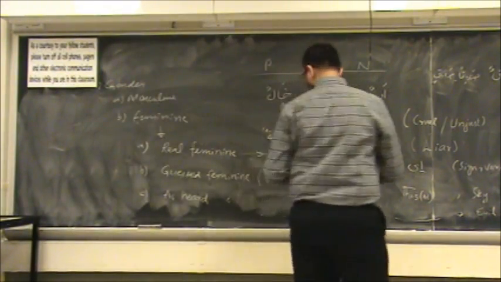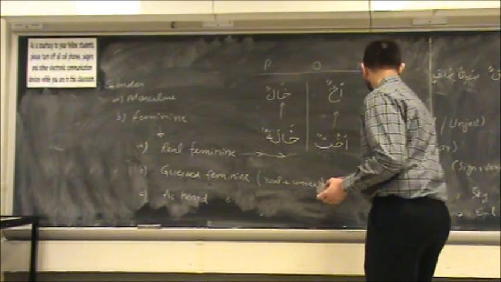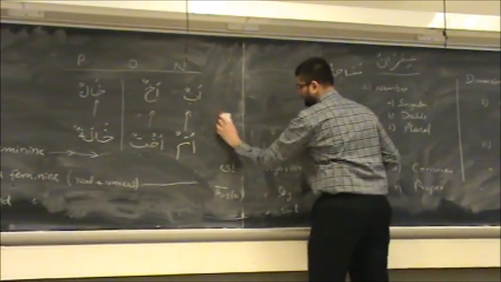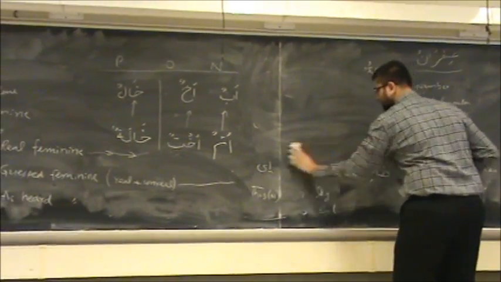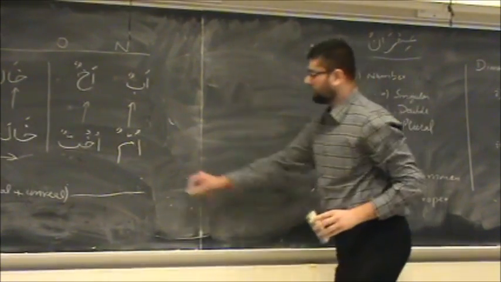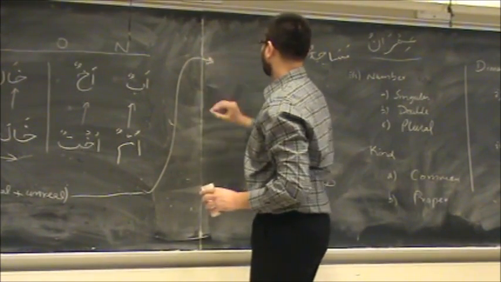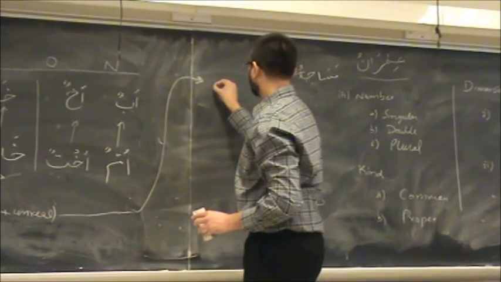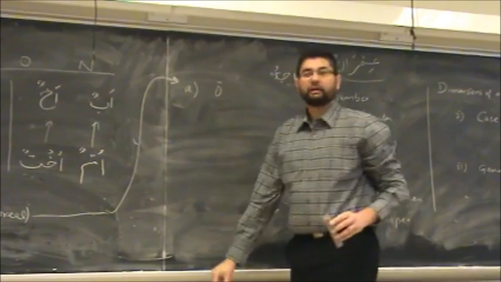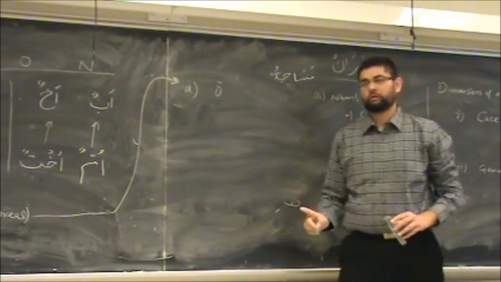For example, now let's see what are the three ways to guess if a word is feminine or not. So there are three, I said, ways. One is it has ta marbuta at the end.